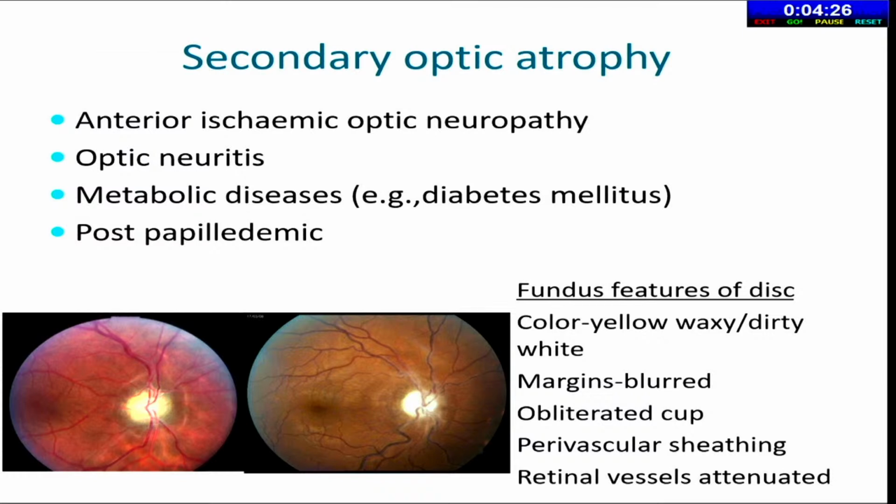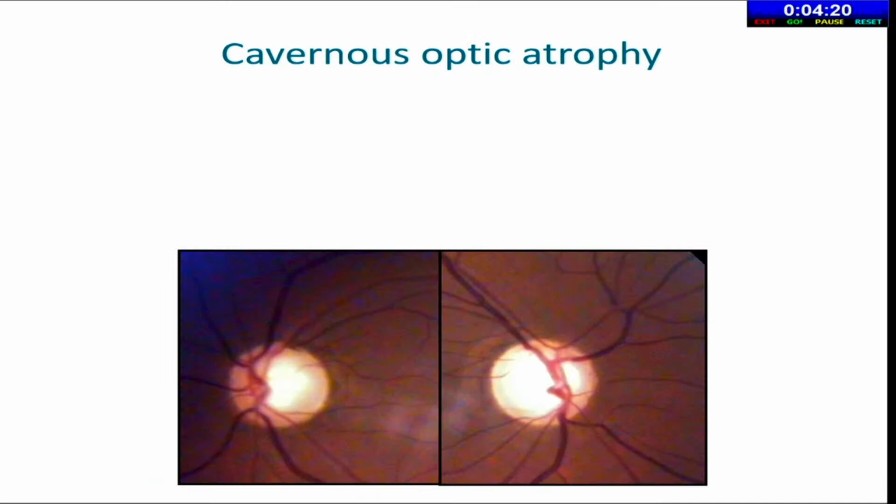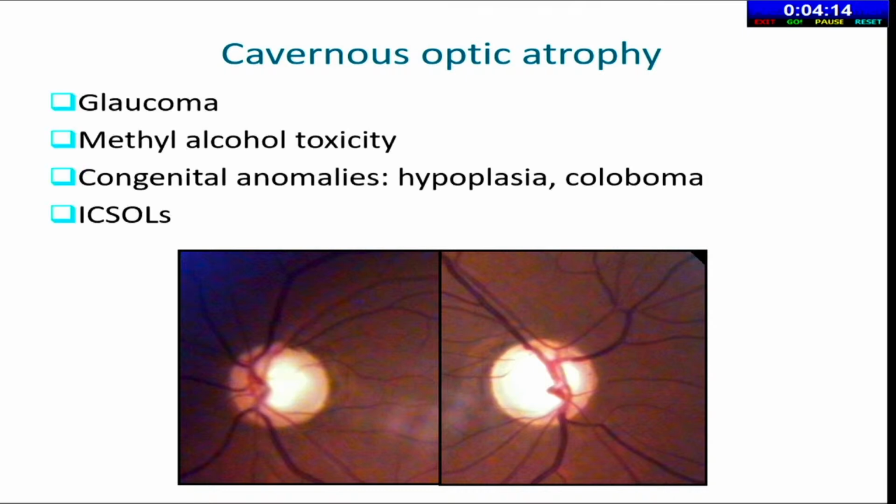So this is an interpretation of the appearance of the fundus. It's not characteristic. One more thing is cavernous optic atrophy. Of course, glaucoma, people would call it a glaucomatous disc, but sometimes there are differentials to a glaucomatous optic atrophy, among them being methyl alcohol toxicity, sometimes space occupying lesion.